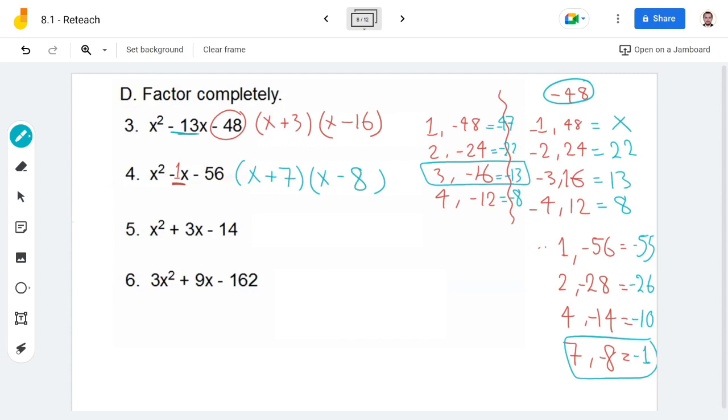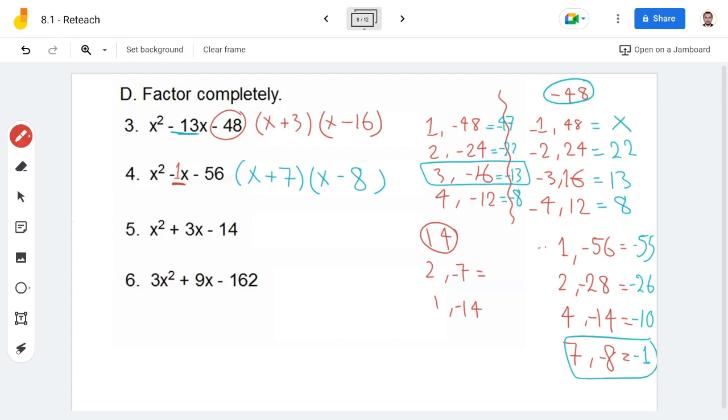We do the same thing for 14. What are the factors of 14? The factors of 14 are 2 and 7, and also 1 and 14. Do we have any others? I think no, only these. So now let's say we have negative here, negative here.